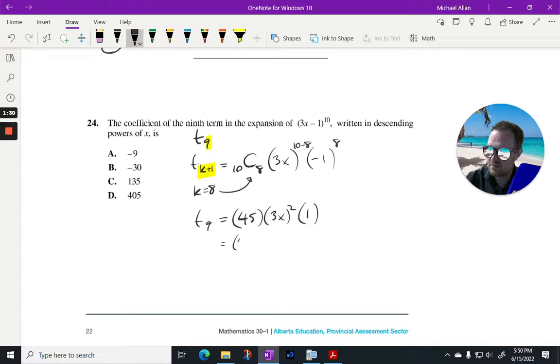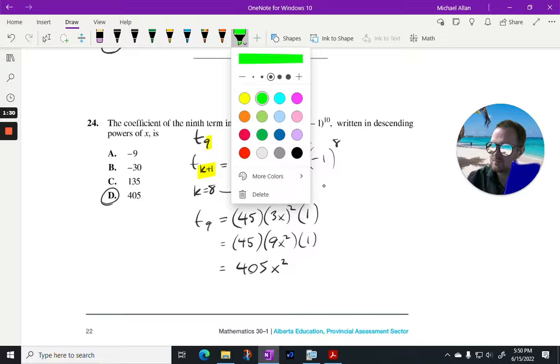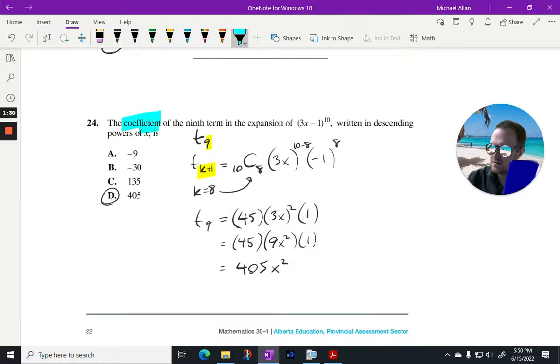So it's 45 times 9x squared, because you have to square both those pieces, times 1. What is 45 times 9? It's 405. 405x squared. We're just looking for the coefficient. Coefficient is just the number in front of the x's, or whatever other variables happen to be there.